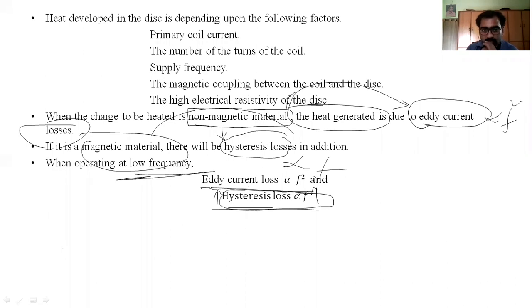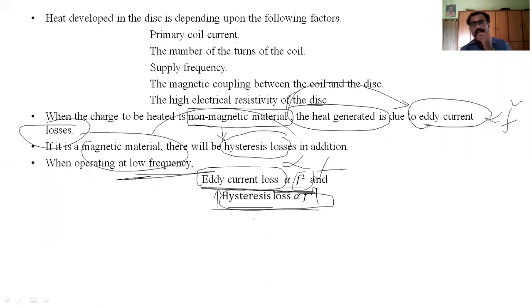But the eddy current loss depends on the square of the frequency, and when high frequencies occur, the heat is generated by the eddy currents and the material is able to withstand it at higher frequencies. Due to the high frequency, the temperature attained by the charge is high, and the hysteresis loss is very low.